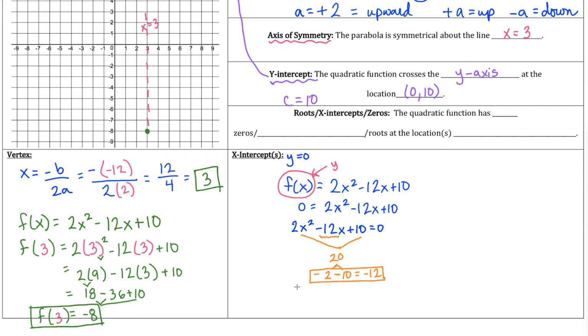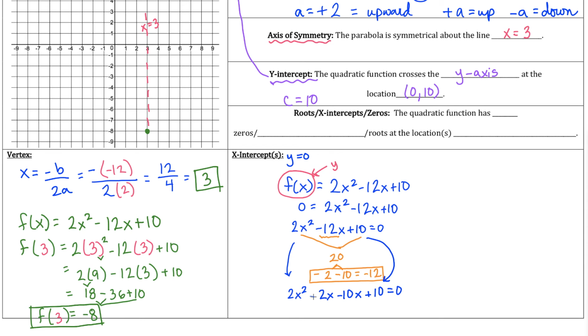Okay, so I'm going to write this as 2x squared. Just so you know, I'm bringing this down. Minus 2x minus 10x, and then plus 10 equals 0.